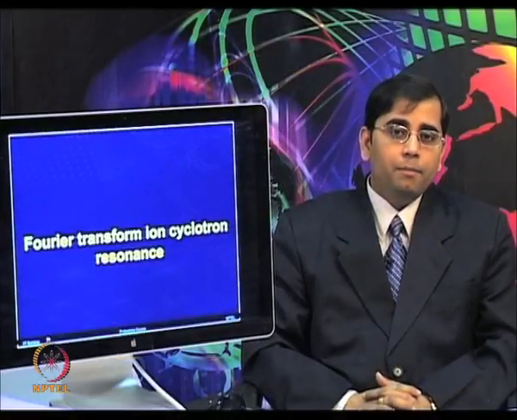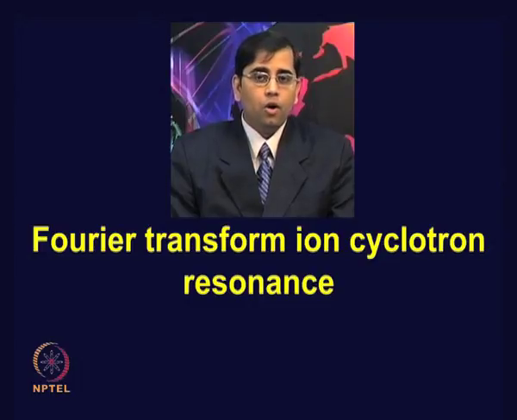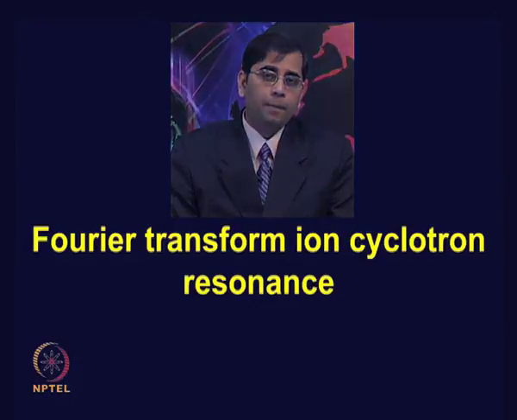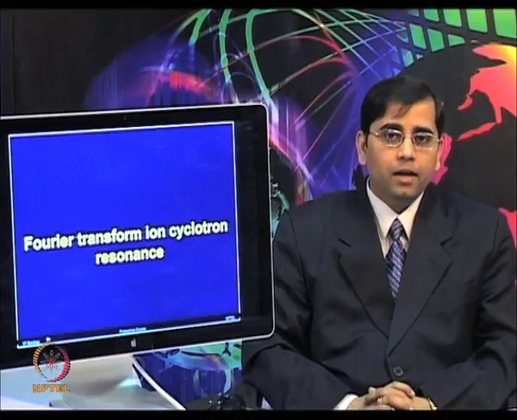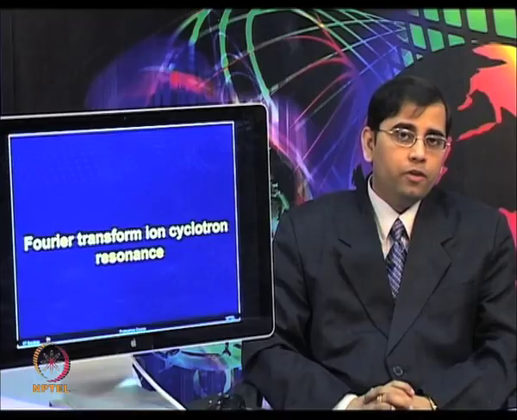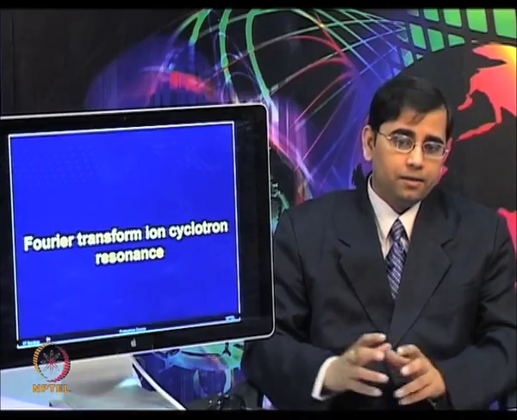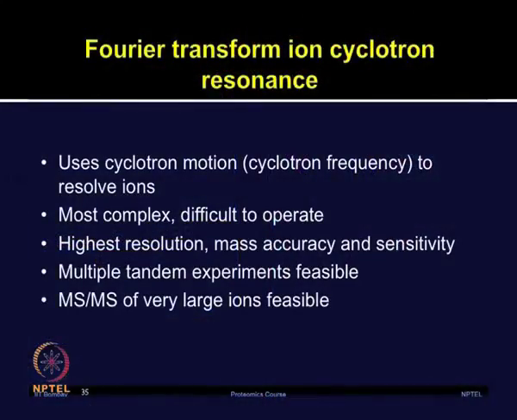One important mass analyzer is Fourier transform ion cyclotron resonance or FTICR. Due to its high resolution and MS/MS capabilities, application of FTICR MS in combination with electrospray ionization has been employed for large biomolecules and now it is also used in proteomics. An FTICR MS can be considered as an ion trap system where ions are trapped in a magnetic field.